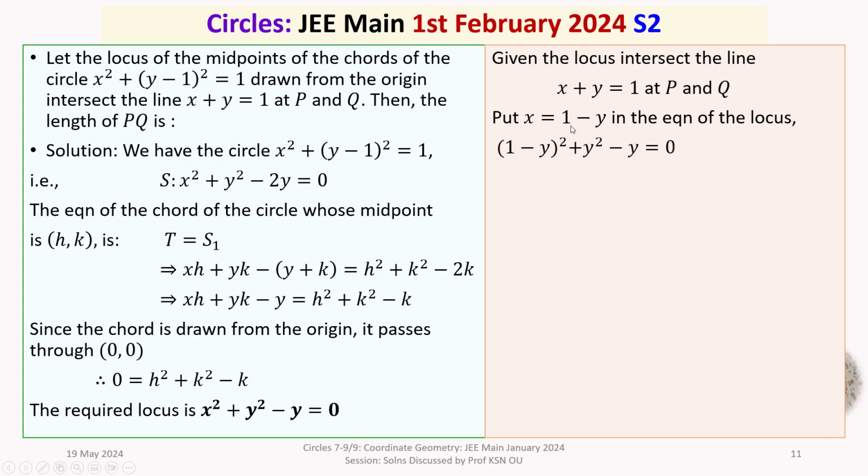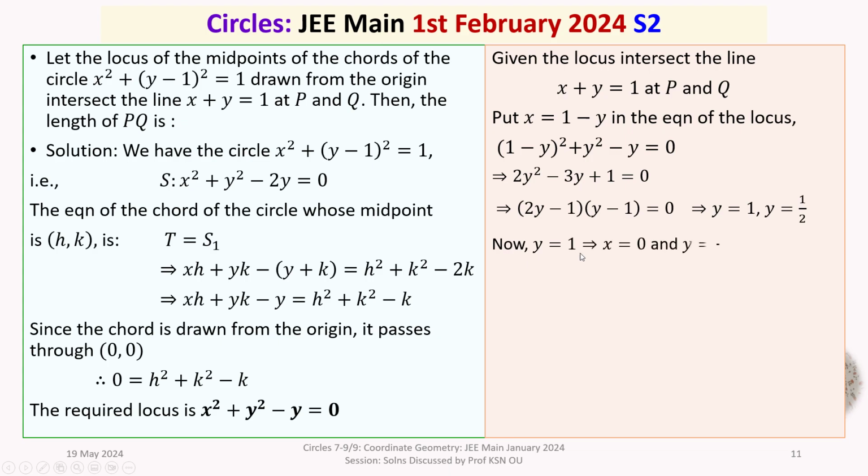So substituting in the equation of the locus, (1 − y)² + y² − y = 0. Simplifying, we'll get this, and factorization will give you (2y − 1)(y − 1) = 0, y = 1 and y = 1/2.